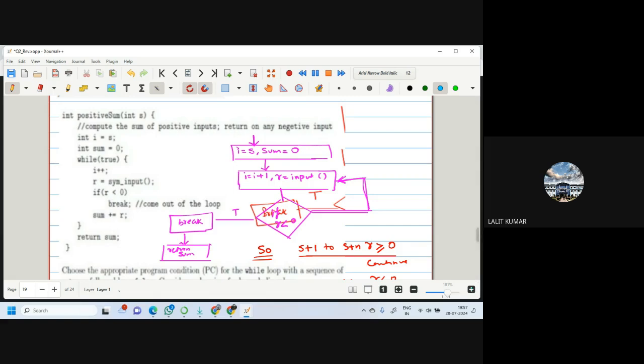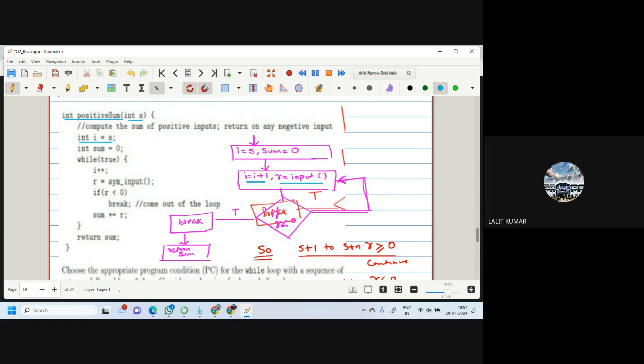Okay. So this is a function, positive sum. Input is S. Assignment I is equal to S. Sum is equal to 0. While true, I is equal to I plus 1. R is equal to input.